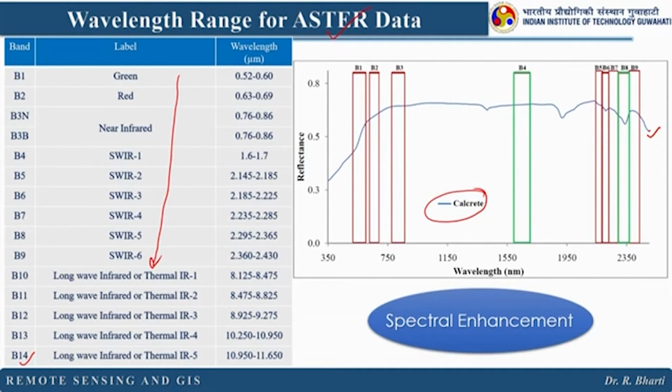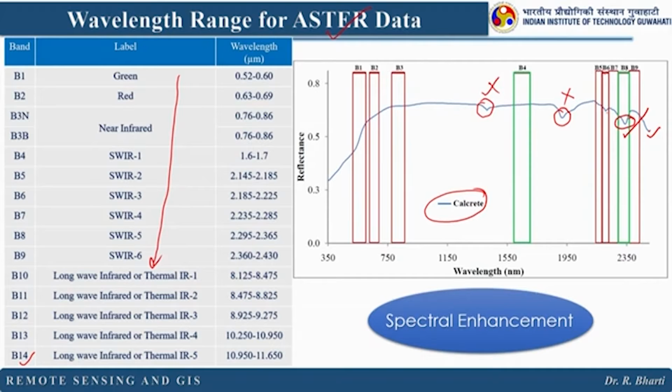So here if you see, this is an absorption feature, right, and this is another absorption feature, this is another absorption feature, but we don't have a band available for this particular absorption feature. We don't have a band for this, right, but we do have a band for this, which is band 8, and this is another, this is band 6.